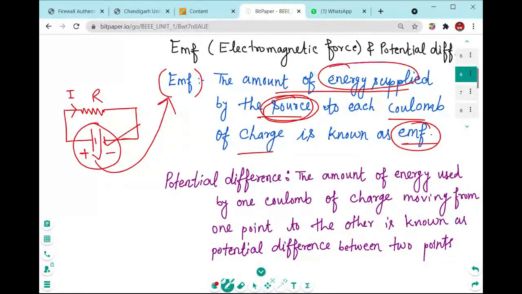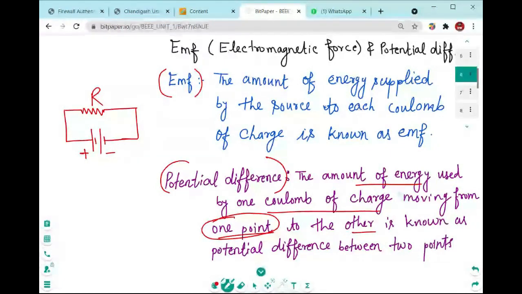Energy supplied by the source, and what is the source? The source is this battery. The energy supplied to each coulomb of charge is known as EMF. This potential difference is the amount of energy used by 1 coulomb of charge moving from one point to another.